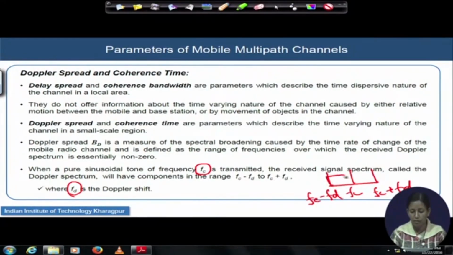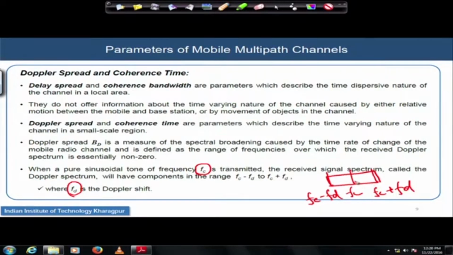So its bandwidth is now spread from FC minus FD to FC plus FD, so twice FD is the total bandwidth over which the consideration should go ahead. This whole change is a measure of the spectrum broadening, and this is called the received Doppler spectrum.